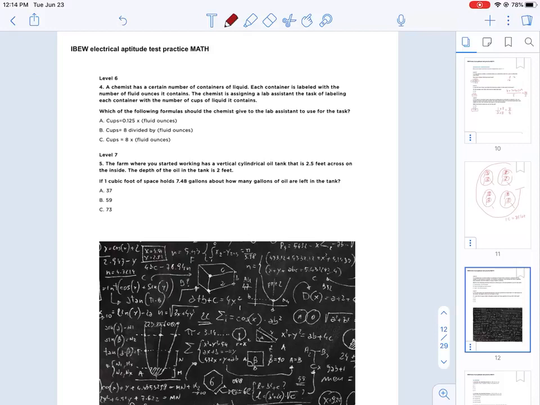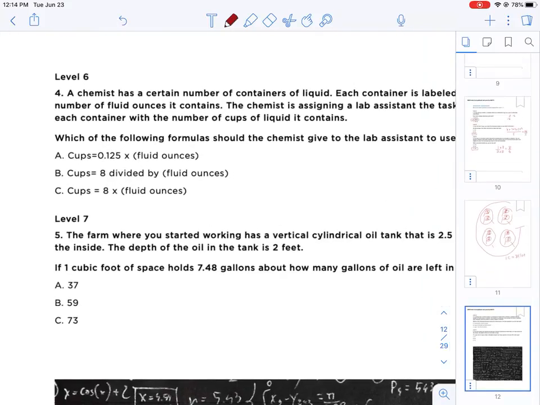It's not 8 divided by the fluid ounces, it's the fluid ounces divided by 8. Now that isn't an option here, but to divide by 8 is the same as to multiply by the fraction 0.125, because 0.125 is 1/8. So that is our answer for that one.